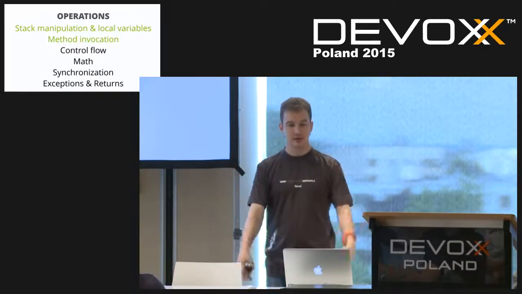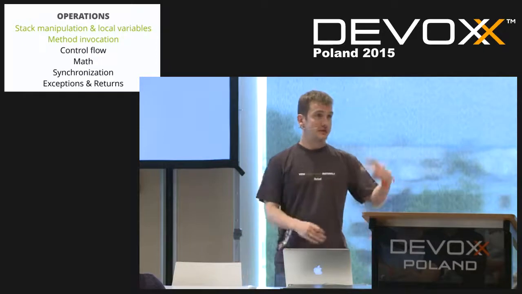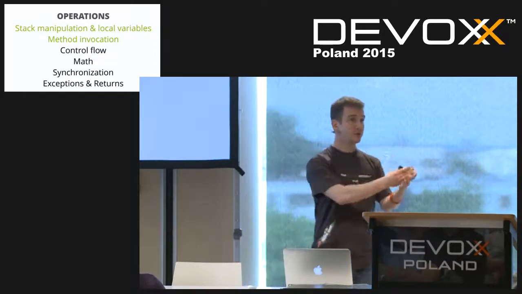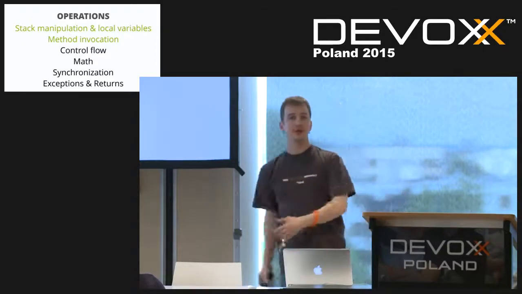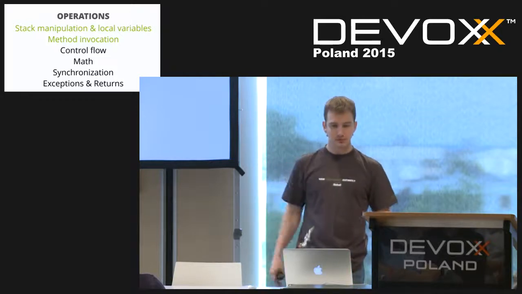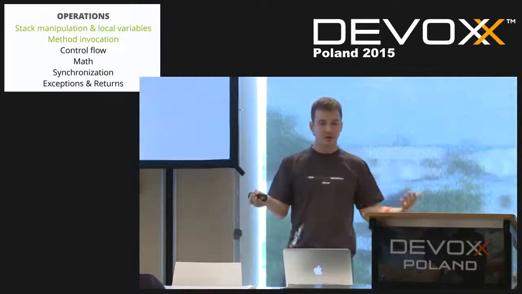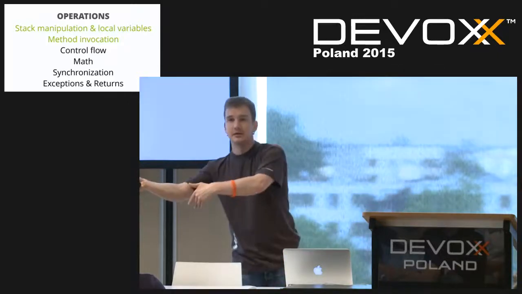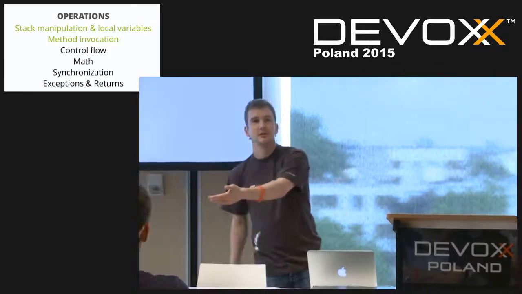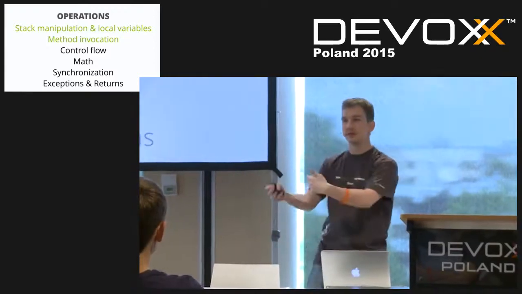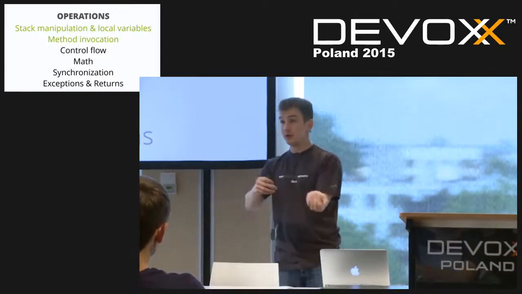Hand in hand with that will be local variables. Since there are just two locations where you can store data, well, actually three, you have object fields as well. Essentially, it's either on the stack and you want to manipulate it, because if you don't need to do anything with this particular piece of data, you don't put it on the stack.